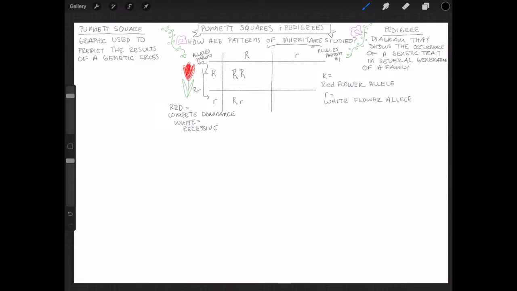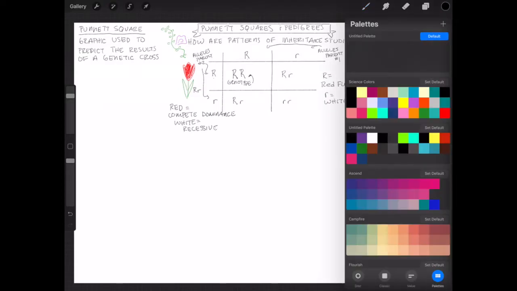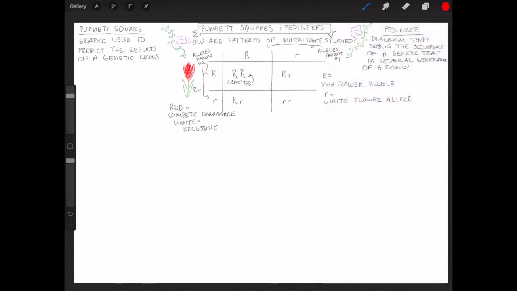So the genotype is 2 capital R's here, capital R, lowercase r, and then 2 lowercase r's. That's the genotype. Now what's the color then going to be? Well, since I've got 2 dominant alleles, I'm going to have a red tulip here.